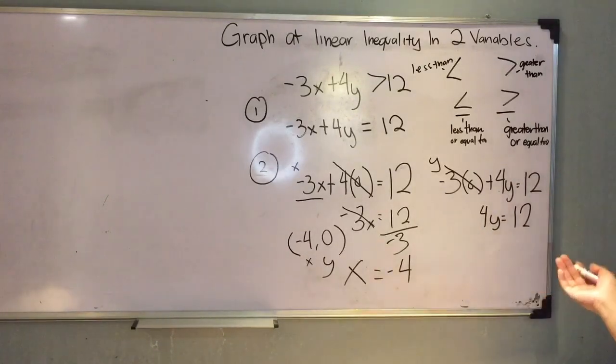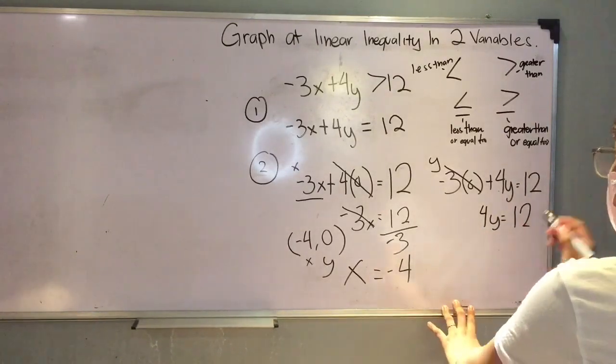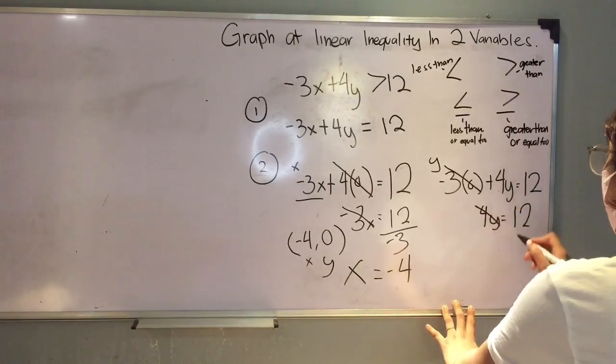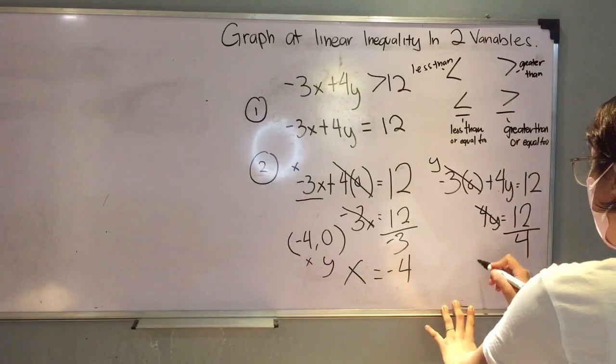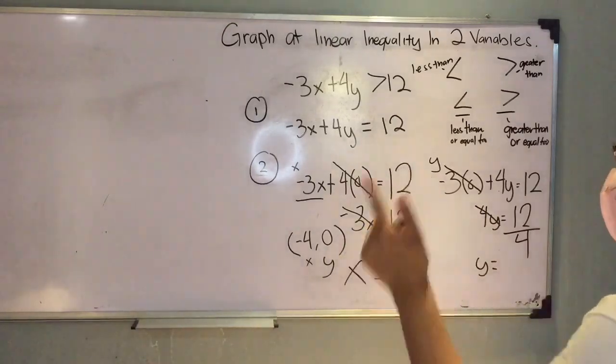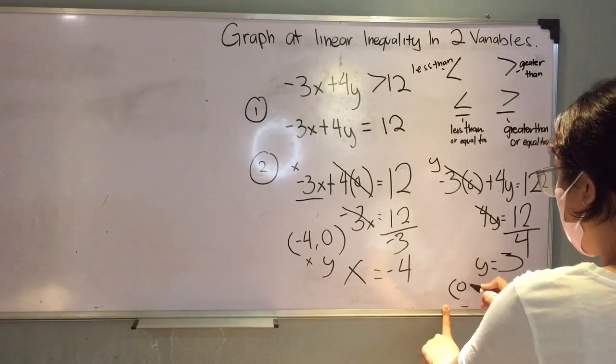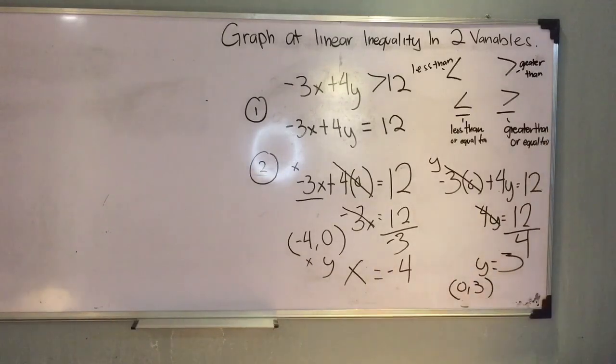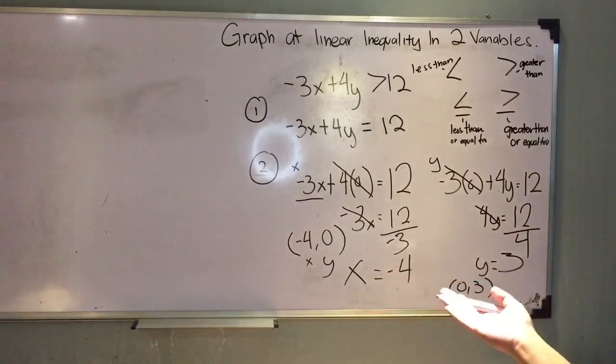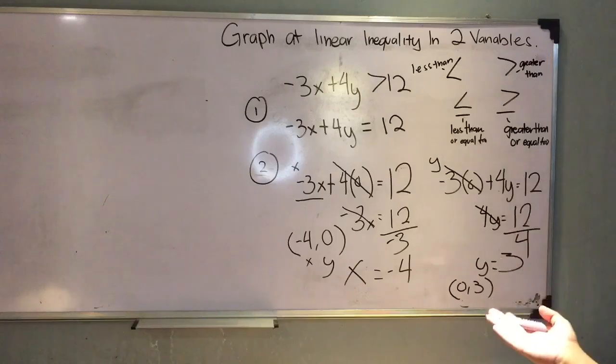We divide each side by 4. 4y divided by 4 is y, and 12 divided by 4 is 3. So our y is 3, and the point is 0, 3.